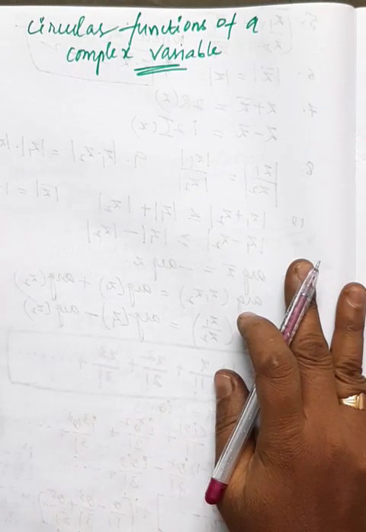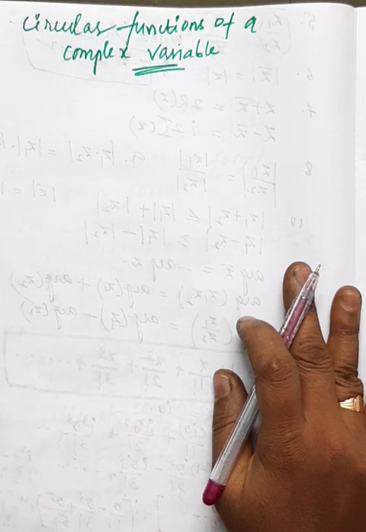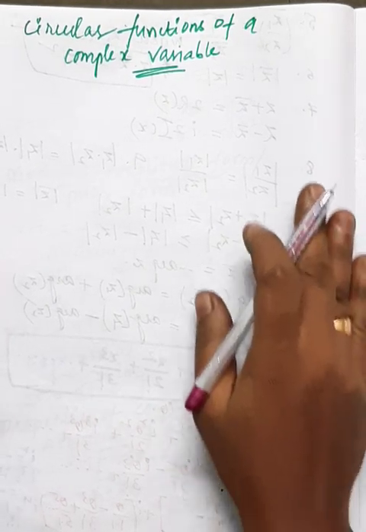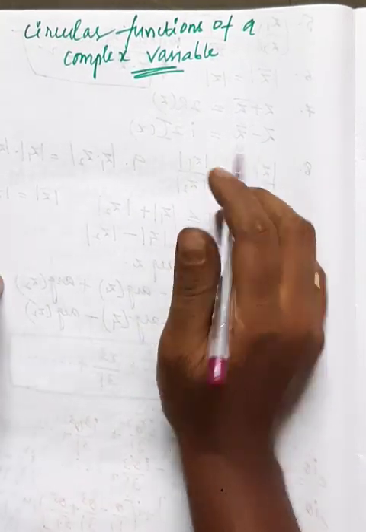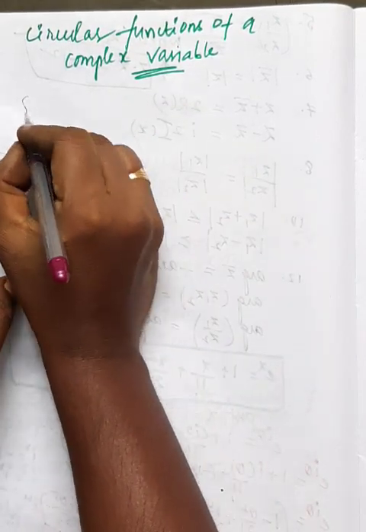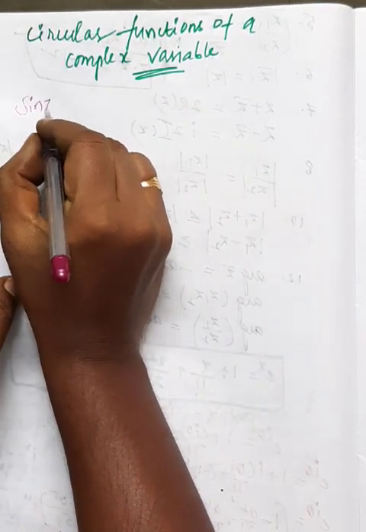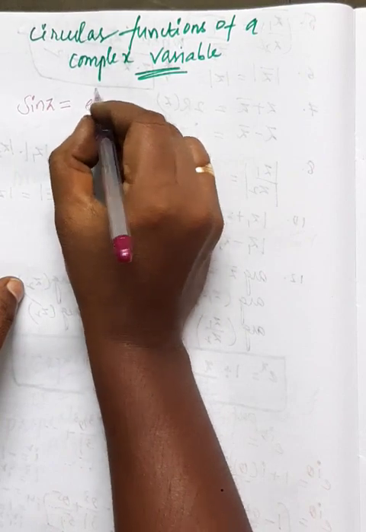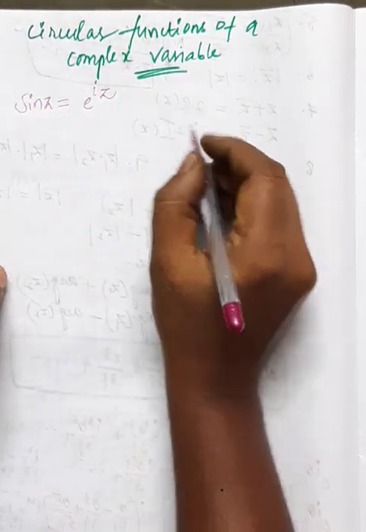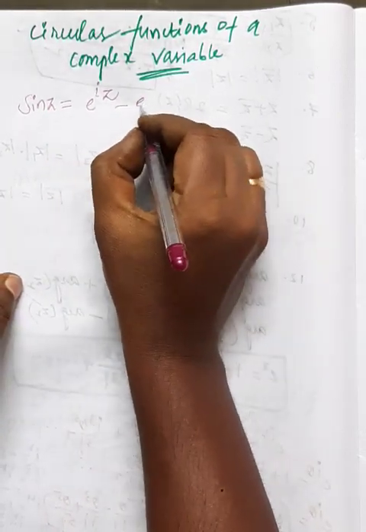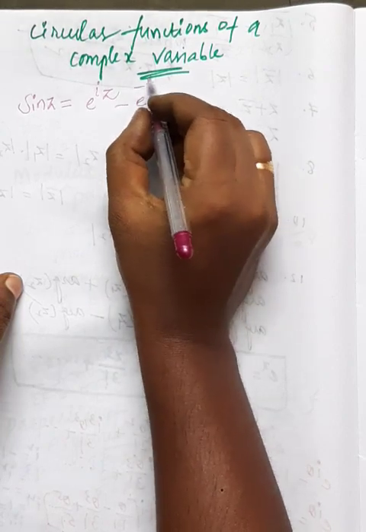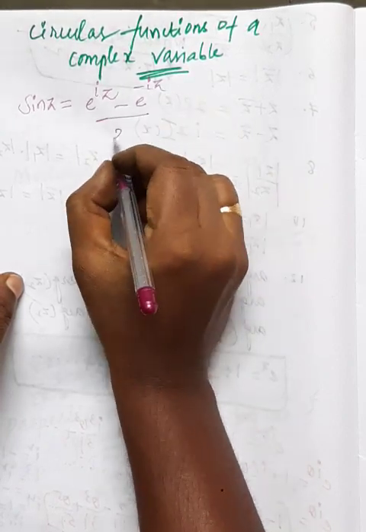If z is a complex variable or a complex number, we define circular functions of z as follows. That is sin z is equal to e power iz minus e power minus iz by 2i.